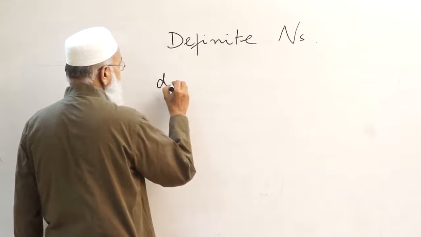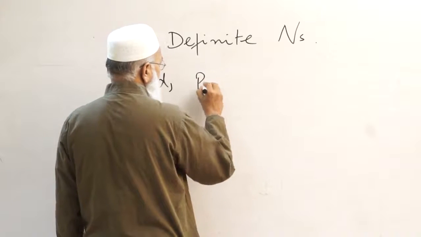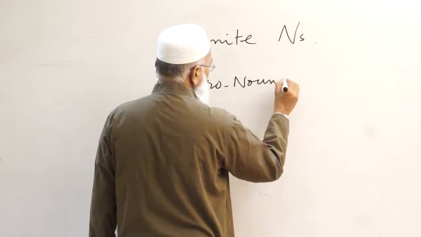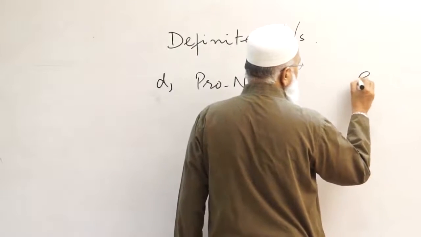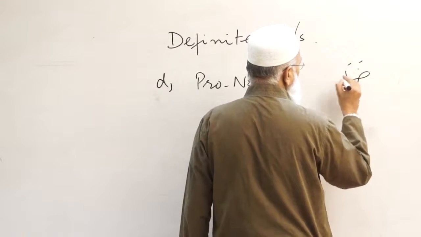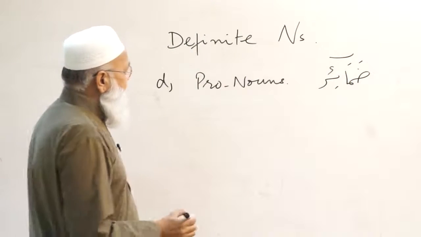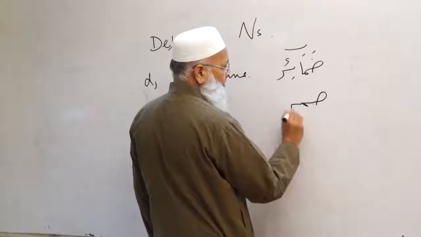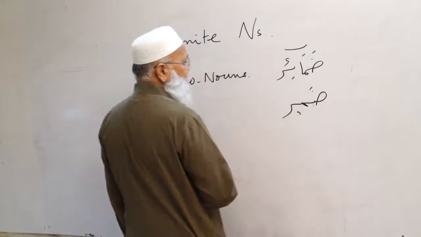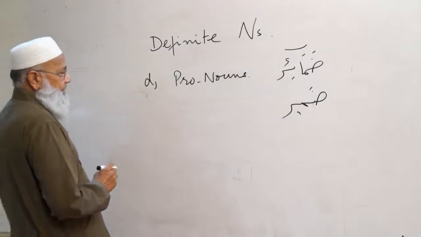D are the pronouns. In Arabic they are called damair. Singular is dhamir and plural is dhamair.